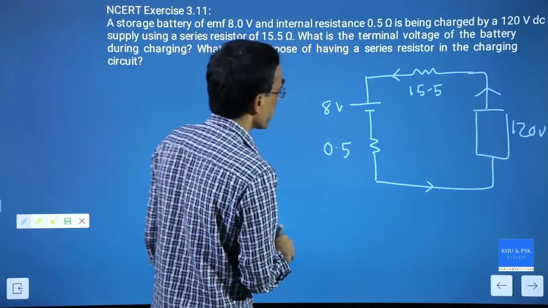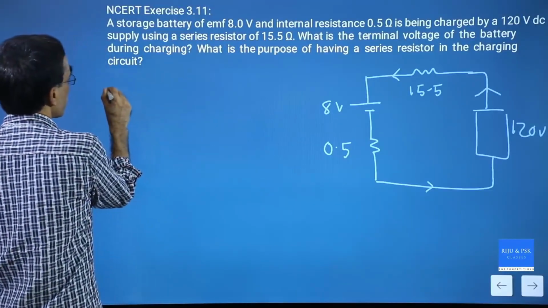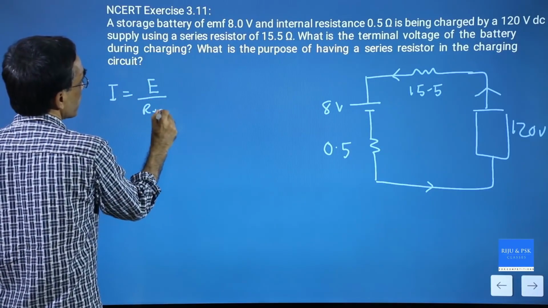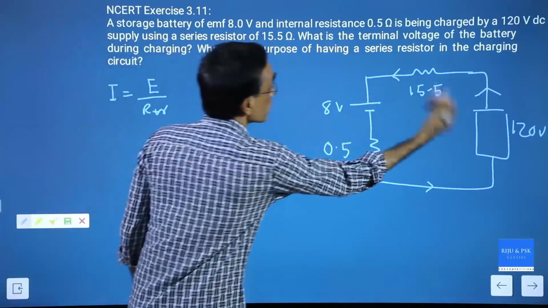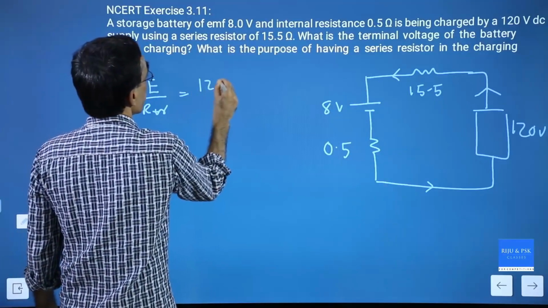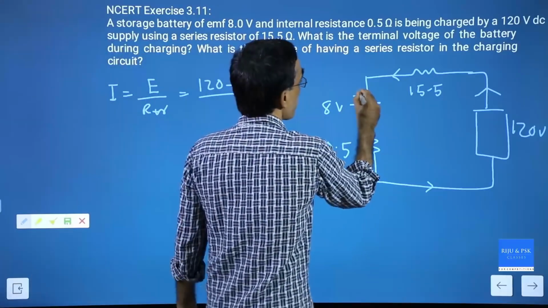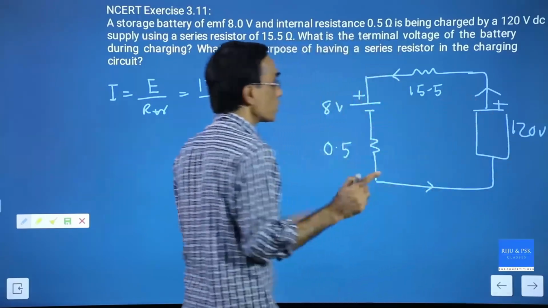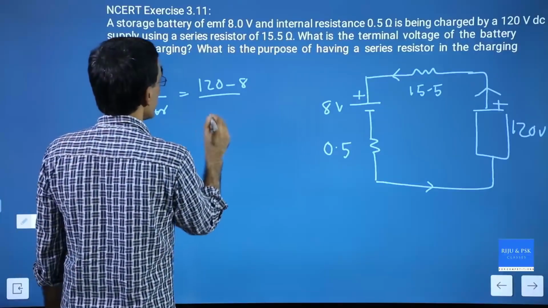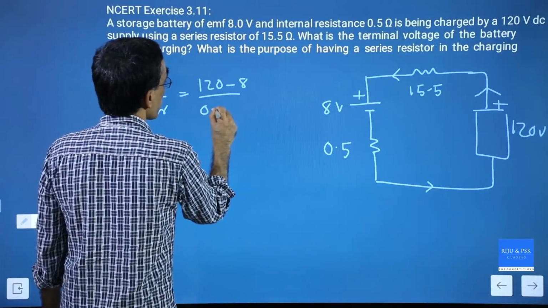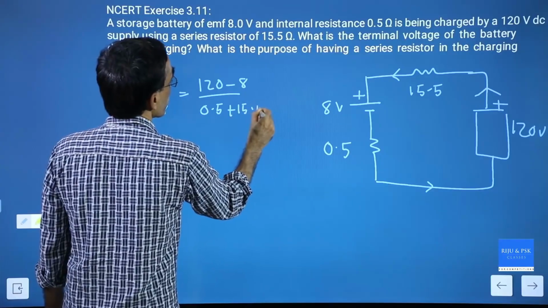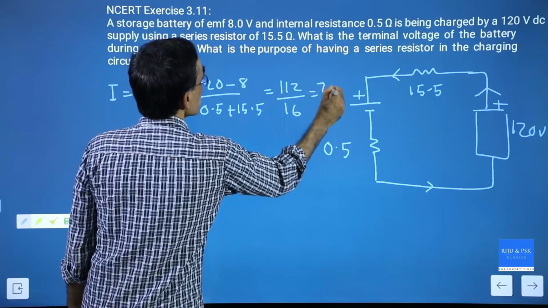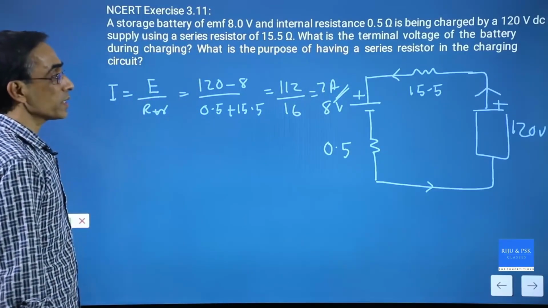Normally we write E by R plus R, but there are two voltages here, 120 and 8. So what should you write? You should write 120 minus 8, because this positive will send the current in one direction and that positive will send current in the other direction. They are opposing each other. So 120 minus 8 divided by the total resistance, 0.5 plus 15.5. This gives you 112 divided by 16, that gives you 7 ampere. So the current in the circuit is 7 ampere.